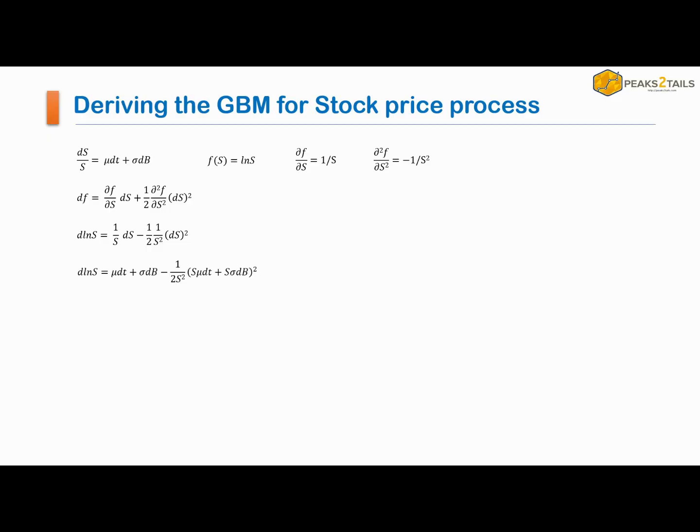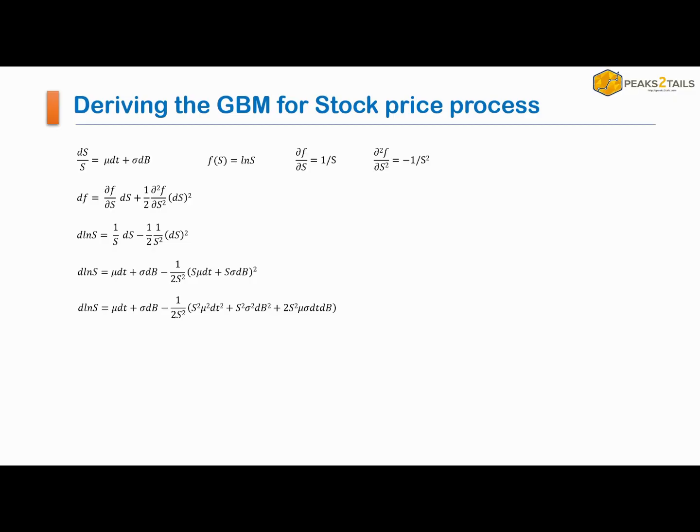Then we put dS by S as mu dt plus sigma dB from the first equation, and we replace dS with S mu dt plus S sigma dB in the square bracket term, and then we expand that square bracket.